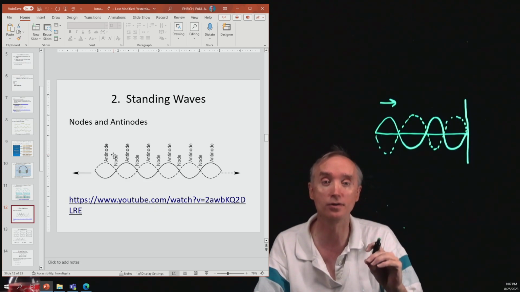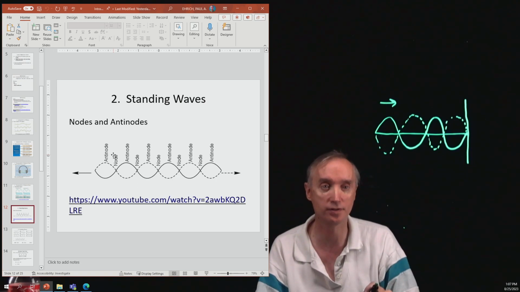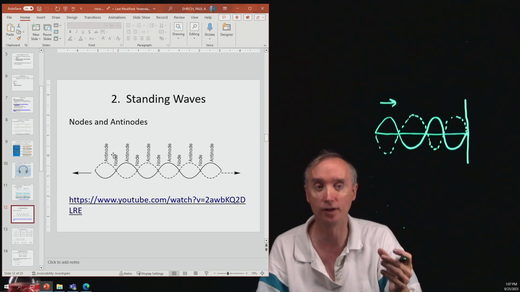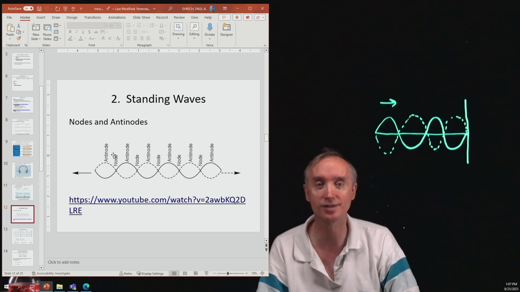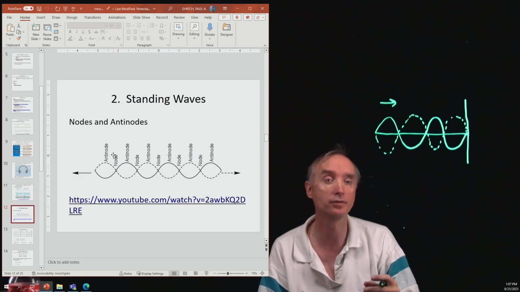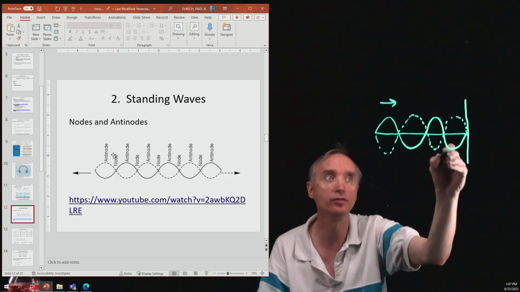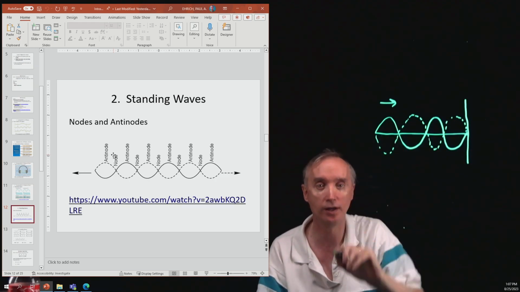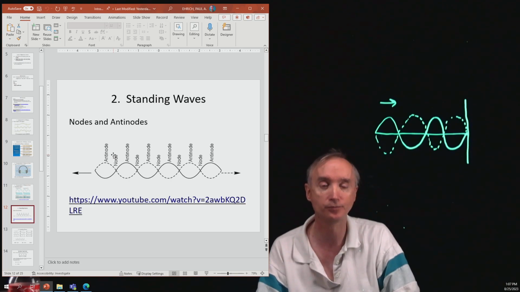It only occurs at a certain frequency, or a certain wavelength is going to correspond to a standing wave. We're essentially adding two waves together: the original wave plus the reflected wave to make the standing wave.